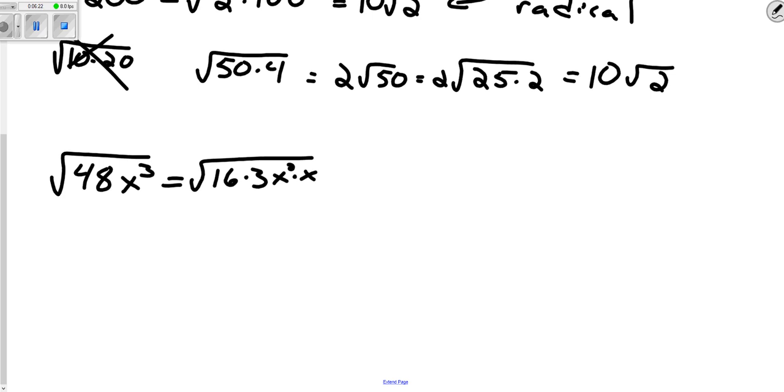So now I look. Square root of 16 is 4. What's the square root of x squared? x. Now everything that's left stays under the radical: 4x root 3x.